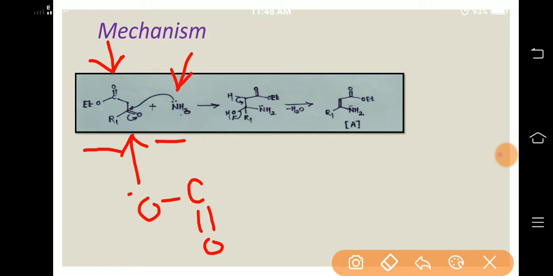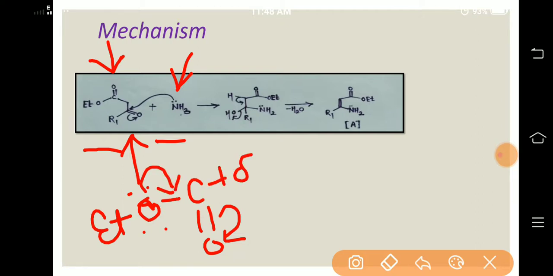Alpha effect, that is heteroatom connected, which heteroatom is with lone pair of electron. If it is present at the alpha position of carbonyl carbon, then it is called alpha effect. The generated positive charge can be stabilized by the lone pair of electron present on the alpha heteroatom, which makes this carbonyl carbon less electron deficient.